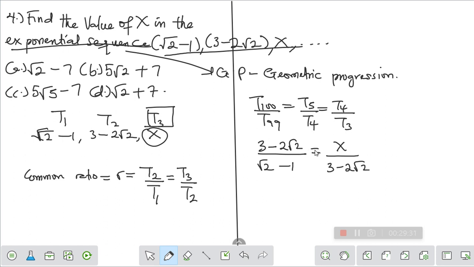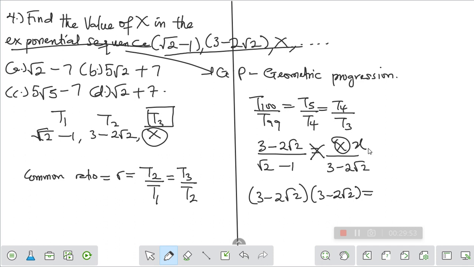So let's cross multiply. You'll be multiplying this by this. So we now have 3 minus 2 root 2 equals x times root 2 minus 1.